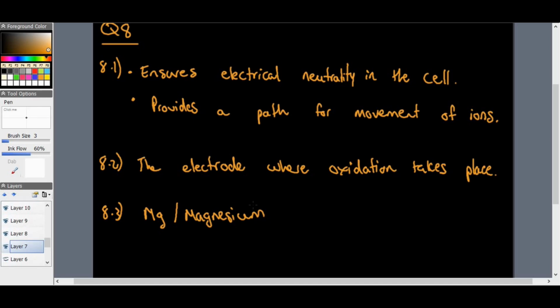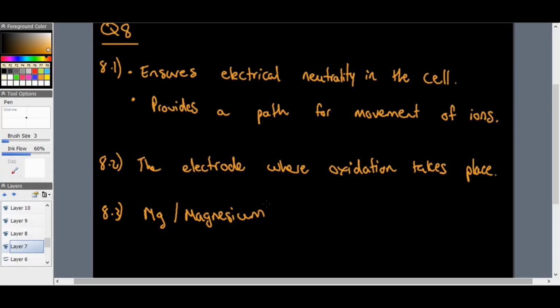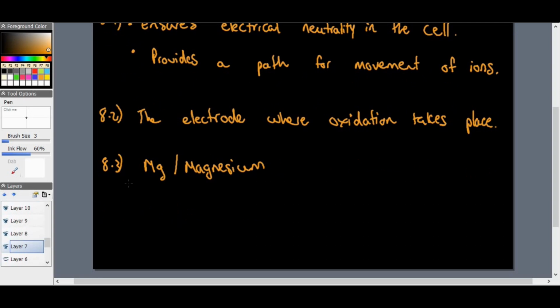And then if we move to the other half, we have a platinum electrode with hydrogen gas coming in there. If we go find the hydrogen one, obviously that has a value of 0. So we definitely know that the one that was more negative is our anode.